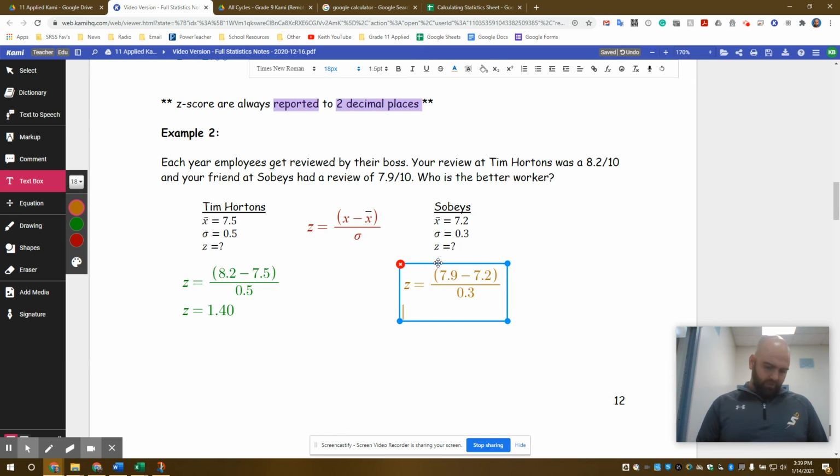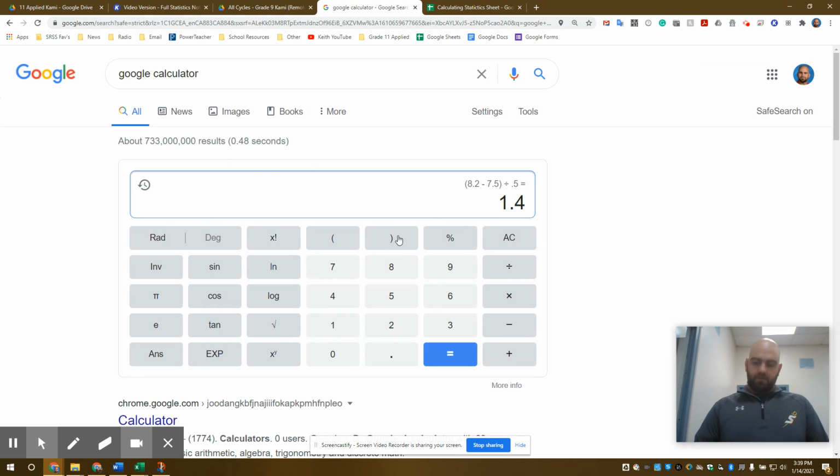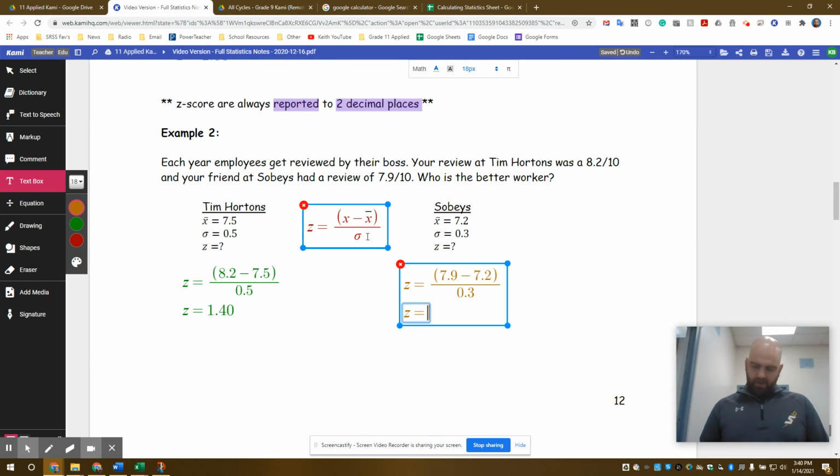So your friend at Sobeys, 7.9 minus 7.2 divided by 0.3, they're at a 2.33. So according to the Z-scores, your friend did better than you did. Even though their score was less, they did better based on the average. So according to the rest of the employees there, their coworkers, they are better.